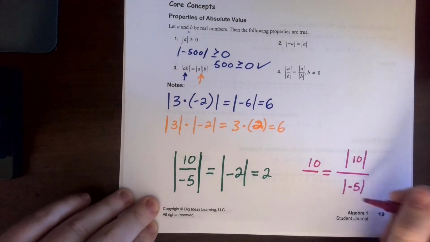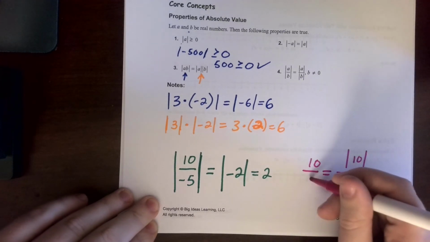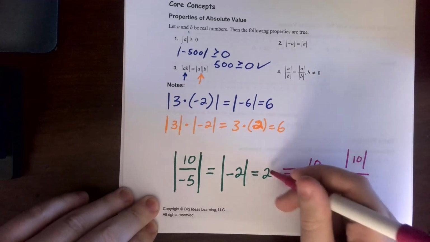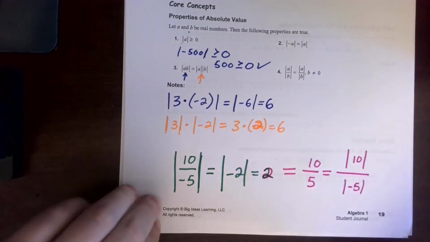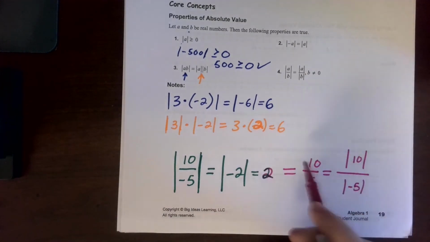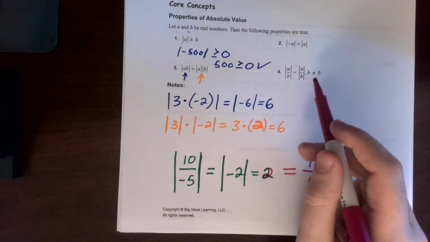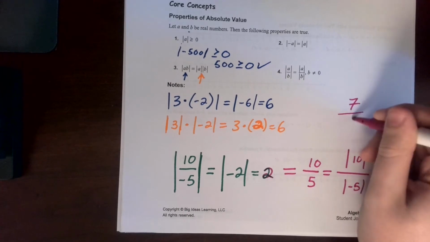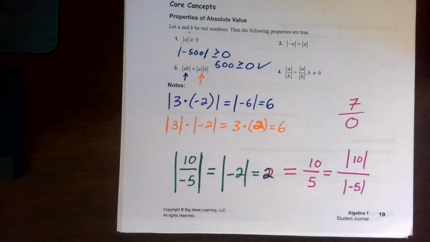The absolute value of negative 5, well, that's 5 away from 0, so it's going to be 5. 10 divided by 5 will equal this same 2. So they're equal. The only catch is B can't be 0, because anytime you divide by 0, right now we don't have the tools necessary to calculate that, because it's basically infinite. We don't go too deep into that in this class, just know that dividing by 0 is very problematic.